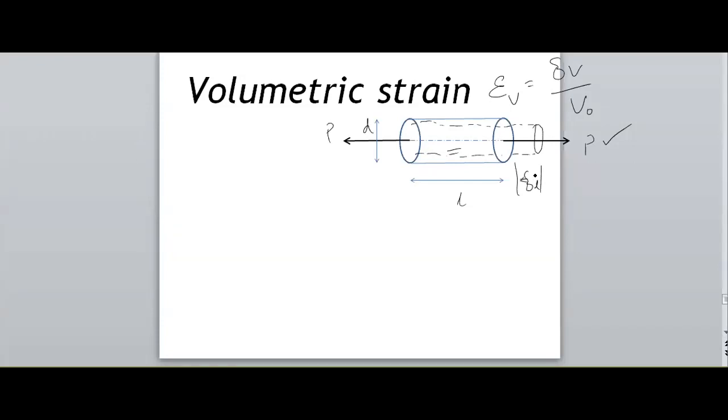The final diameter is D plus delta D, and the final length is L plus delta L after applying the load.